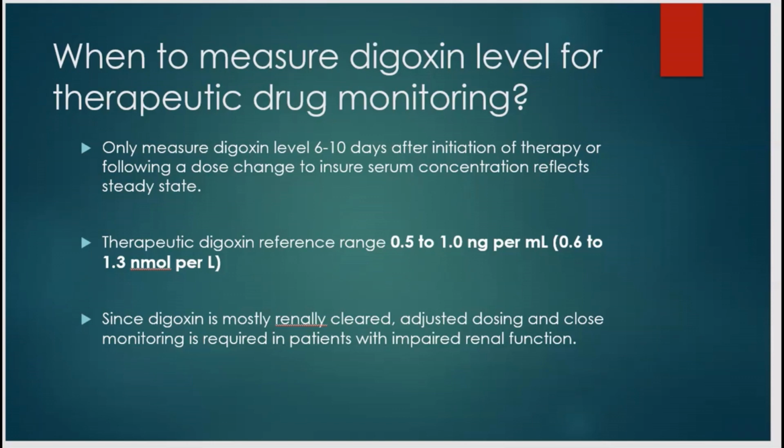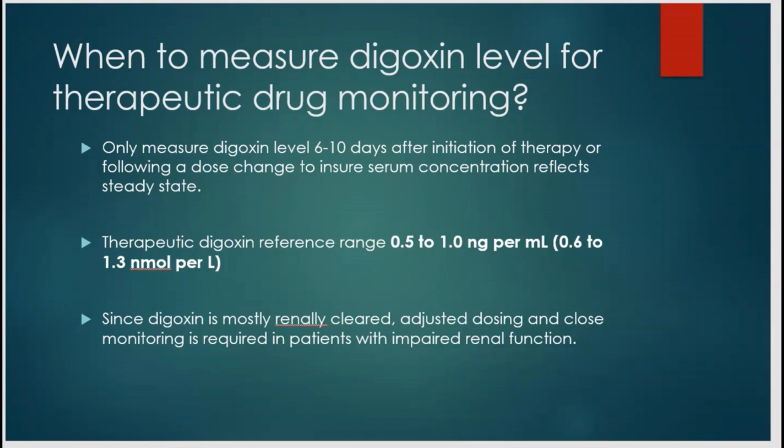In the States, digoxin levels are measured in nanogram per milliliter units. In Canada, it's measured in nanomoles per liter. So depending on where you are, you should make sure what units your laboratory is using in order to be able to interpret the level correctly.